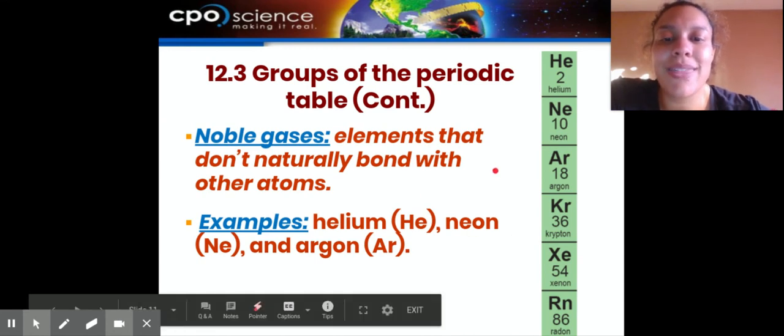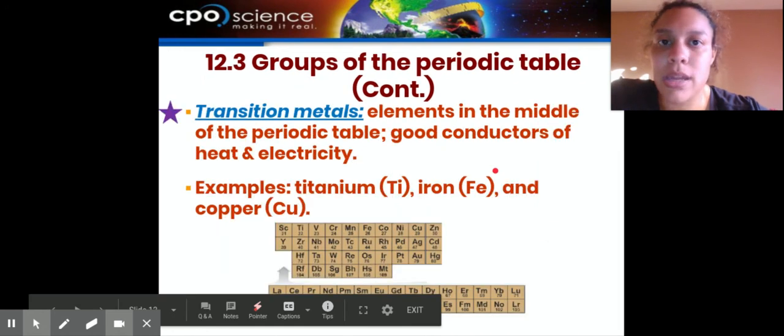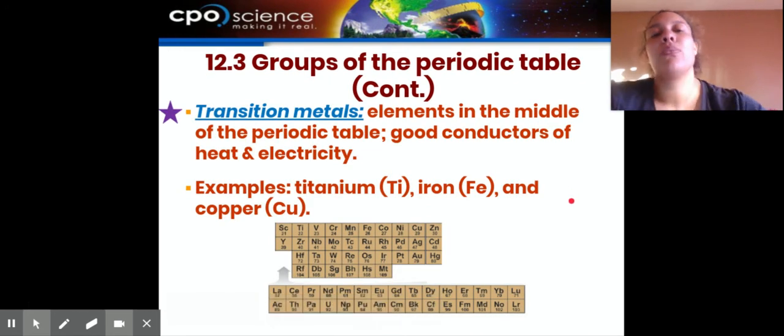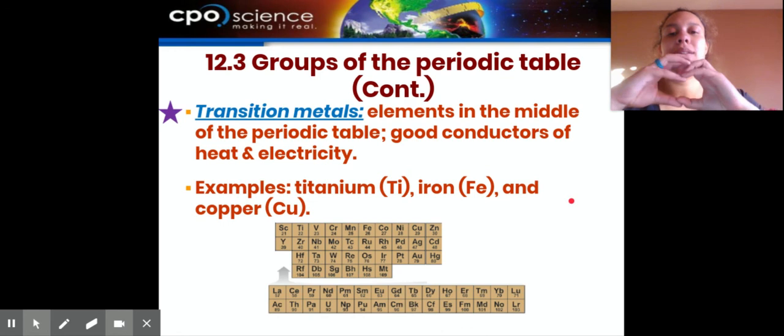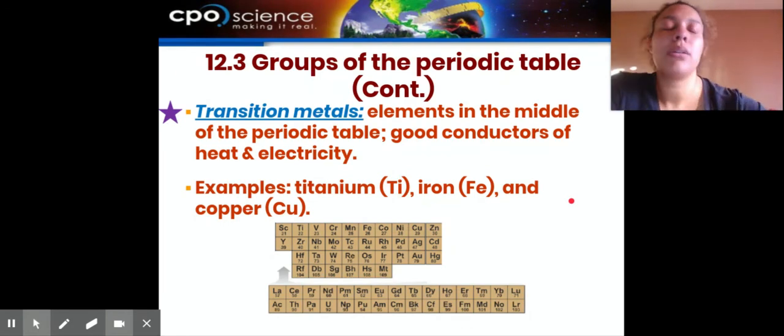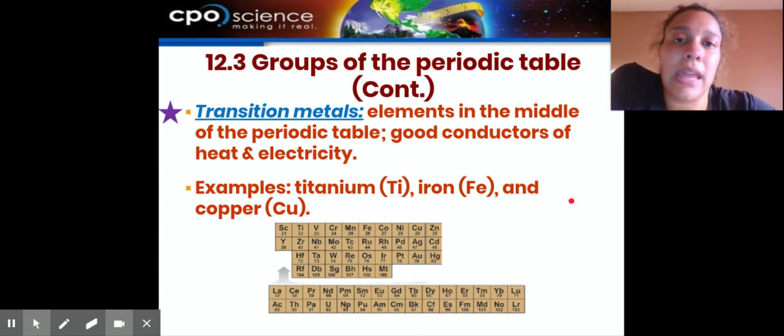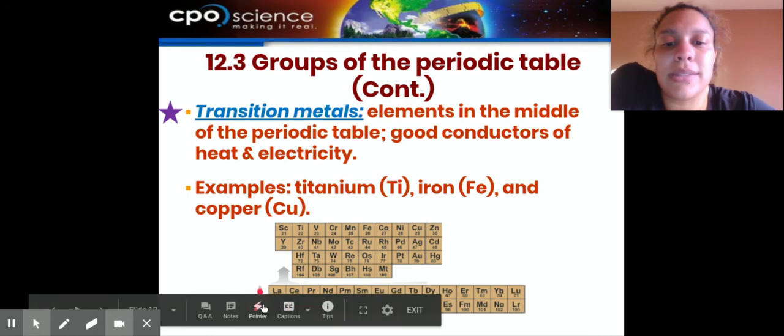So those are our main groups that you should know. The rest, or the big chunk that's kind of in the center of the periodic table, those are called transition metals. Means, they're shiny, silvery like any other metal would be. They're good conductors of heat and electricity like any other metal. And then the other properties that they might have are kind of random, but they fit the same sort of bill.